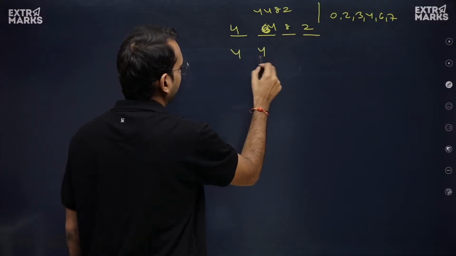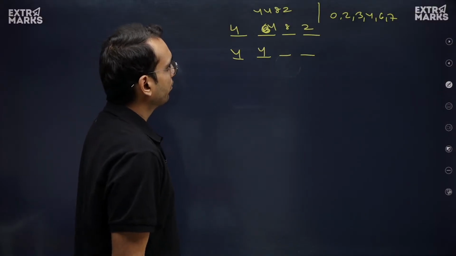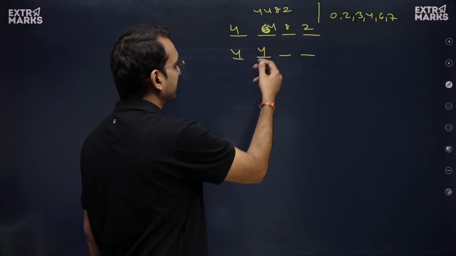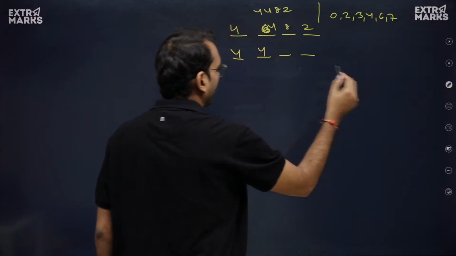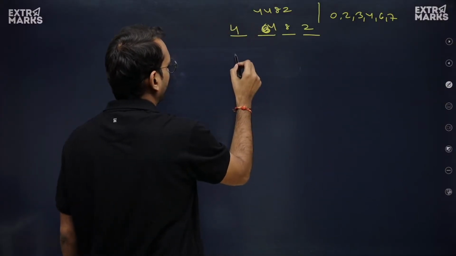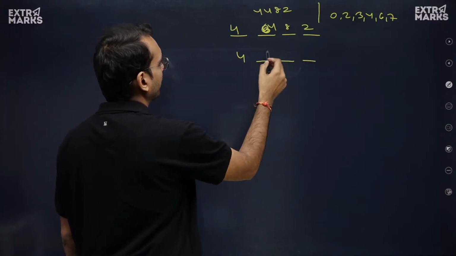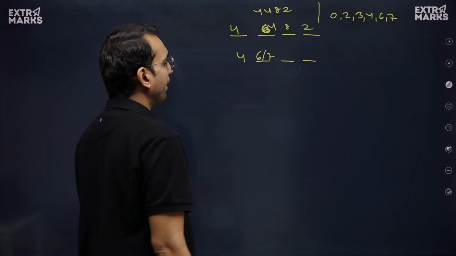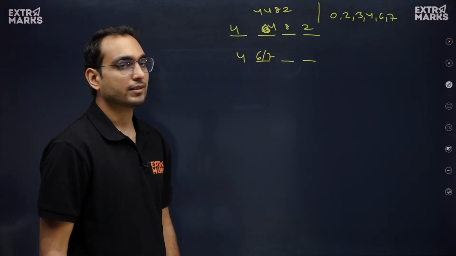If the second digit is 4, how many numbers do I have to remove? Every number which starts from 4 and 4 will be lesser than 4482, so there is no number to remove whose first 2 digits are 4 and 4. But if the first digit is 4 and the second digit is 6 or 7, I have to remove all such numbers.